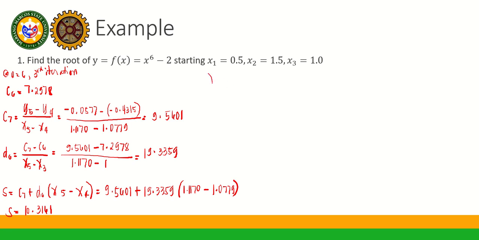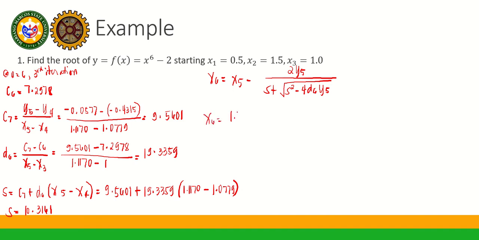So we are going to compute for x sub 6. This is equal to x sub 5 minus 2 y sub 5 all over s plus the square root of s squared minus 4 d sub 6 y sub 5. Okay? So, plug na natin yung mga values.